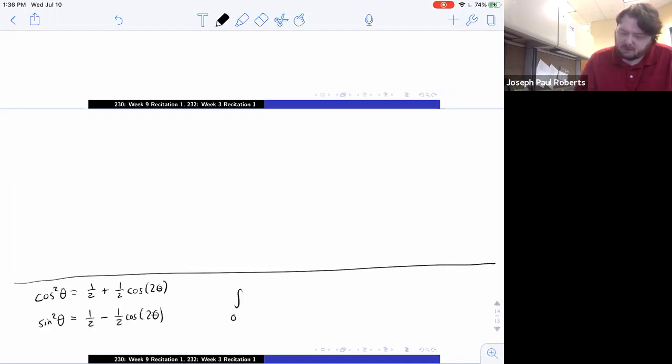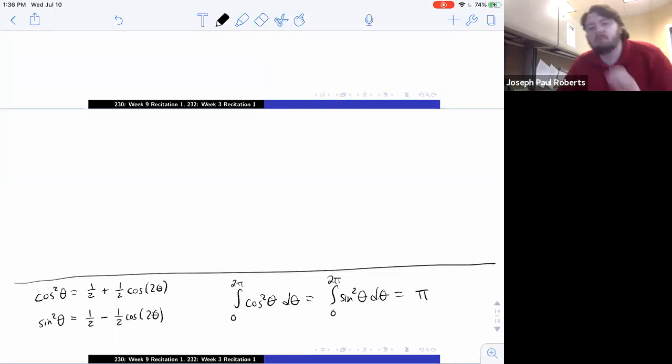But the other thing you can get used to at this point, if you want: if your bounds aren't 0 to 2 pi, you have to be a little bit careful and probably go through all the steps. But this happens commonly enough that you could just remember that if you do 0 to 2 pi of either cosine squared or sine squared, you always get pi. So it's good to know these if it's not 0 to 2 pi, but you can just memorize that. That's fine.